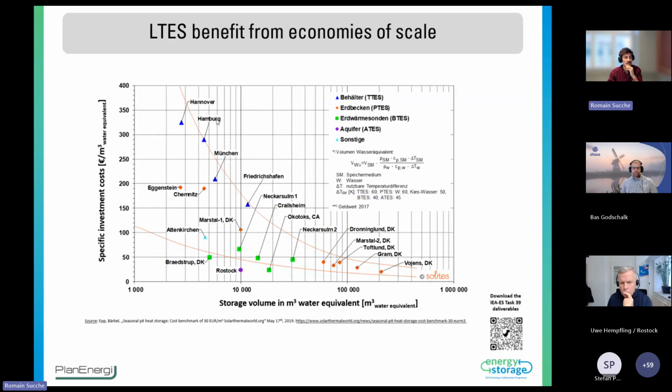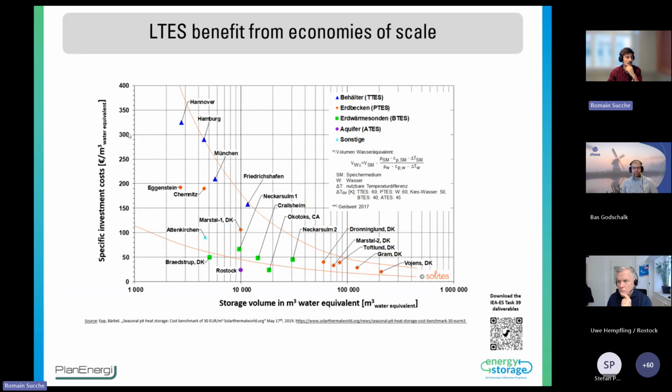So for example, it's very much the case for the TTES here, the blue triangles, but also for the PTES, those orange forms, and also here for the PTES and ATES. We can see that the specific investment cost depends on the technologies.